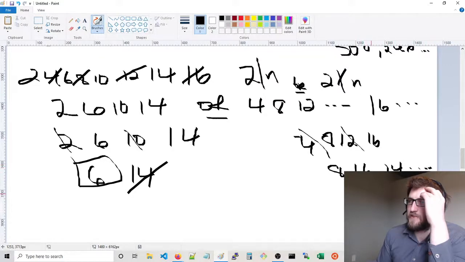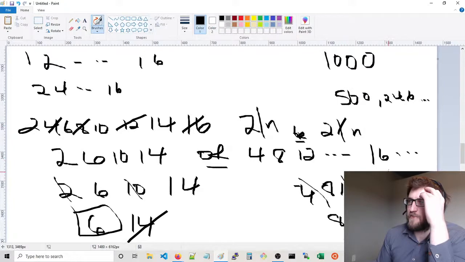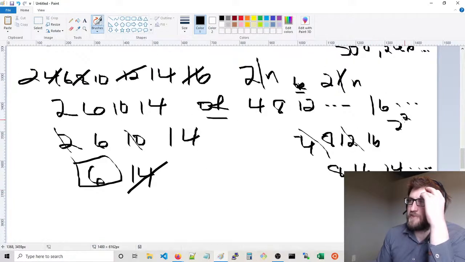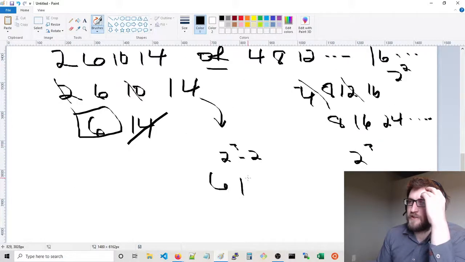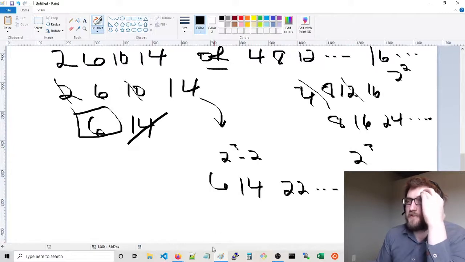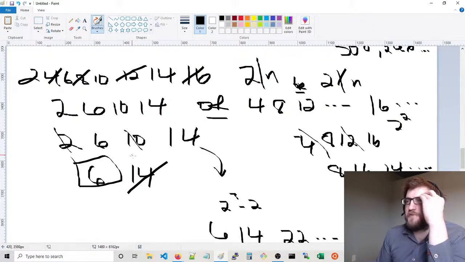This is going to be 2 to the 3rd. This is going to be 2 to the 4th, or squared. Multiples of 2 squared, multiples of 2 to the 3rd, and it looks like 2 to the 3rd minus 2: 6, 14, 22. So they seem like the same sequence, it's just one of them is decremented by 2.